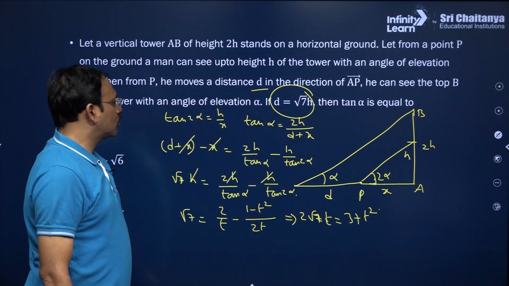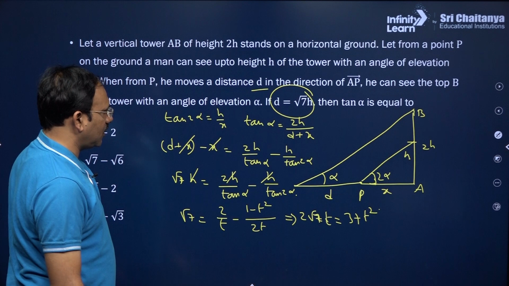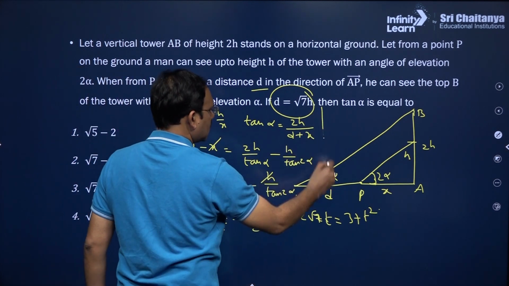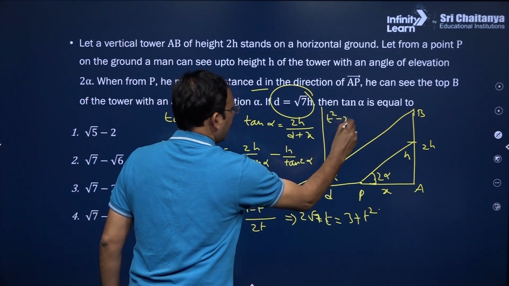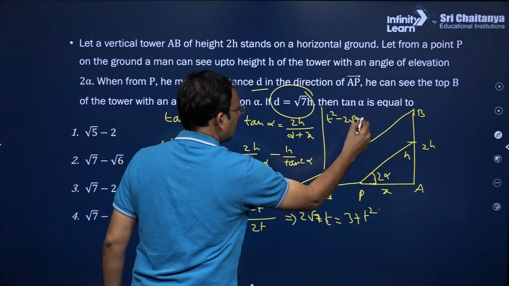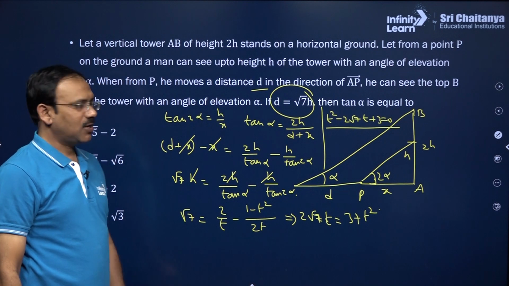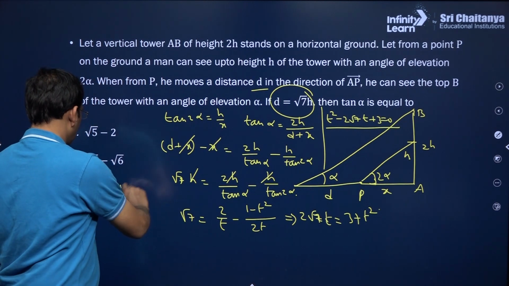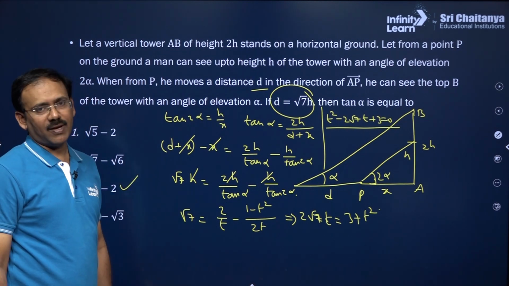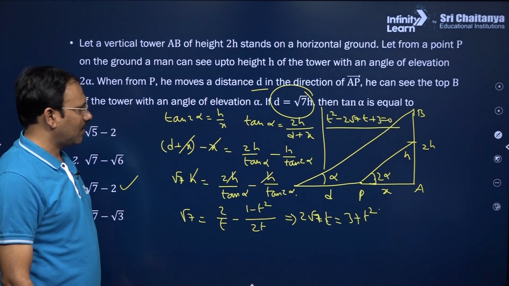So, you got a quadratic equation in t which is t square minus 2 root 7 into t plus 3 is equal to 0. You solve this quadratic equation, you are going to get one of the roots as root 7 minus 2. Okay? That is all, my dear friends.